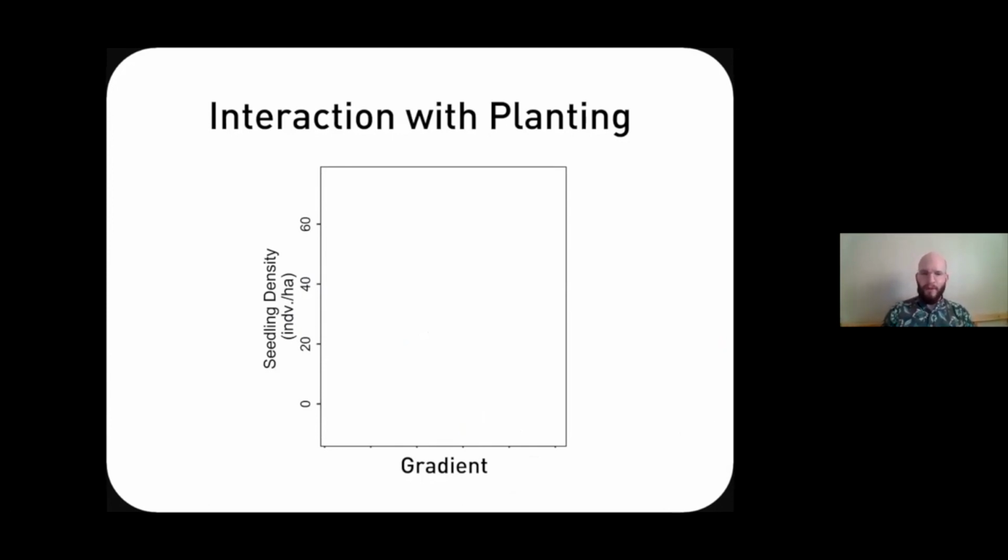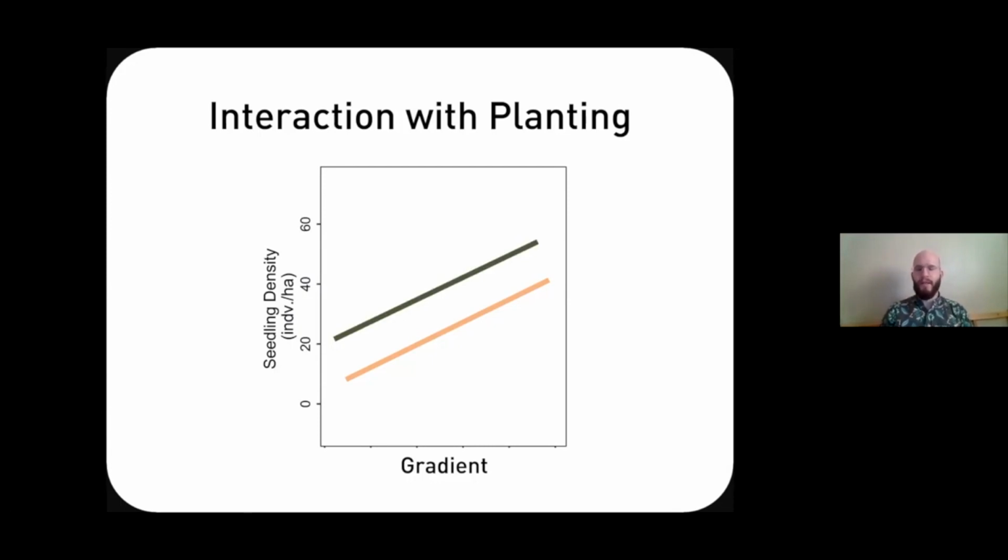I'm just going to review really quickly how to interpret interactions in this case. You can imagine there's a gradient, perhaps one that represents water stress on the x-axis, and seedling density is our response, our measure of regeneration success. You could expect that seedling density increases along this gradient from more stressful to less stressful. In one scenario, by planting, you just increase seedling density across the whole gradient.